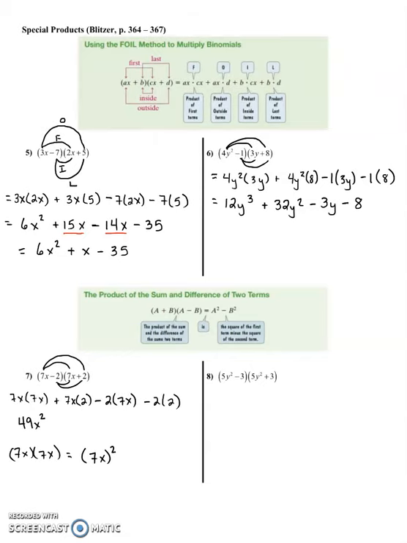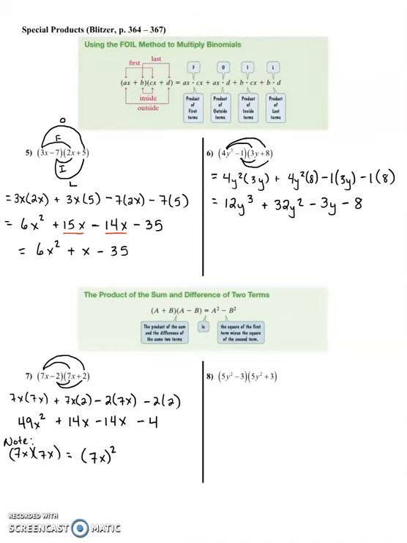Then we have 7x times 2 is plus 14x. -2 times 7x is minus 14x. And -2 times positive 2 is -4, so it's a minus 4.